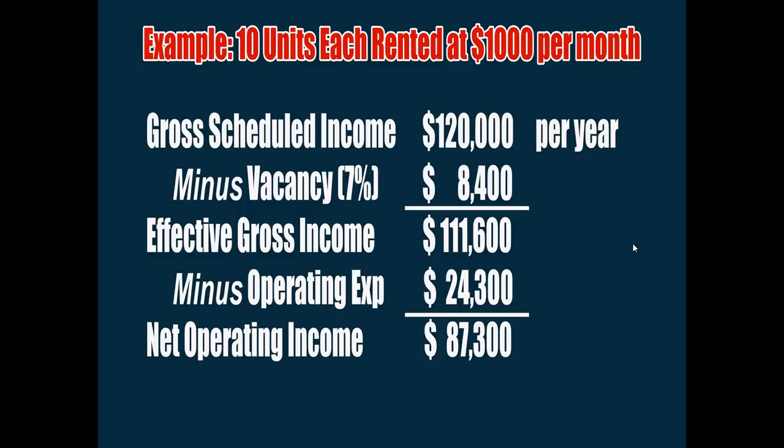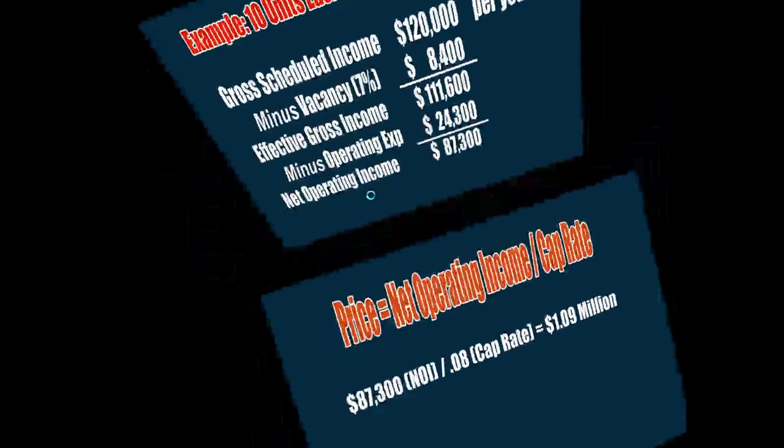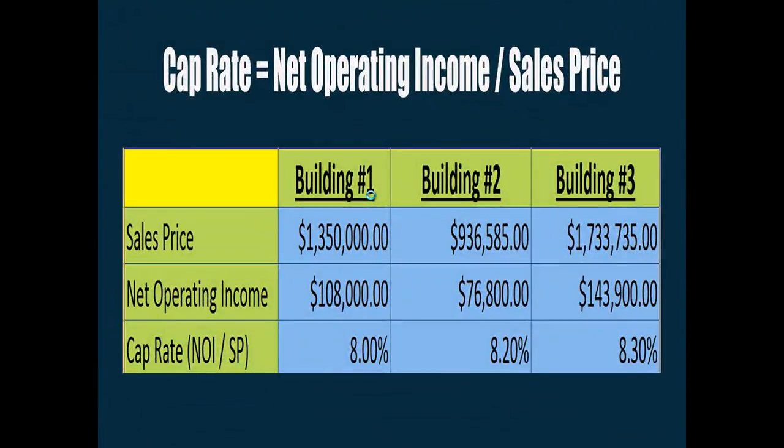Now we're trying to figure out what this building is worth or what it's going to sell for. So a good realtor might go back to these 3 comps and try and figure out why one might be higher than the other, why one might have gotten an 8% cap rate versus an 8.3. And you might find a situation where there's one number that's really out of alignment. In that case, we try and figure out what the problem was.